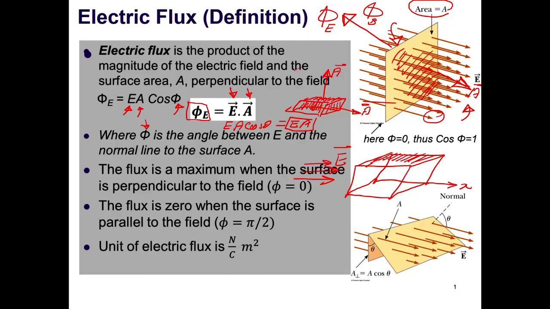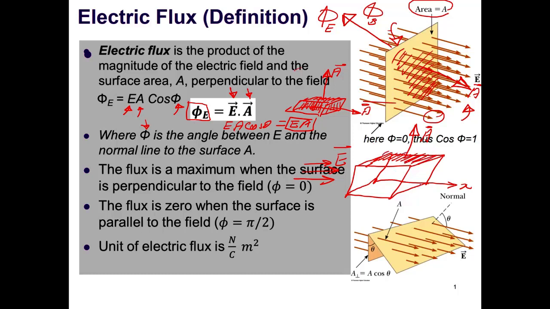Flux is simply related to the number of electric field lines going through it. It's obviously 0, because for the top surface, the angle between the area and the electric field is 90. Cosine 90 is 0, so there is no flux going through the top surface.